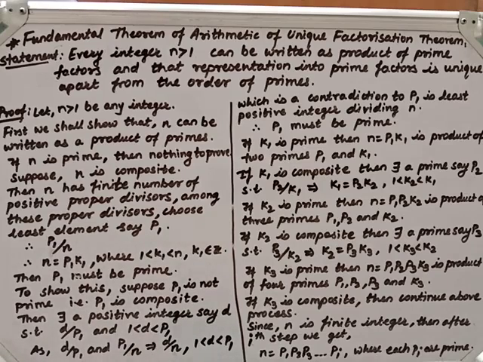Now this is the proof of our first part, that n can be written as a product of primes.